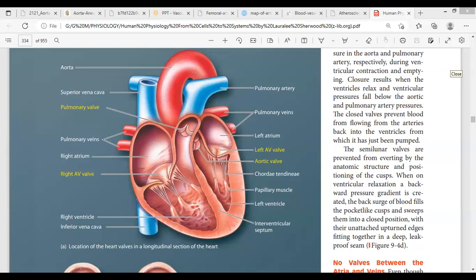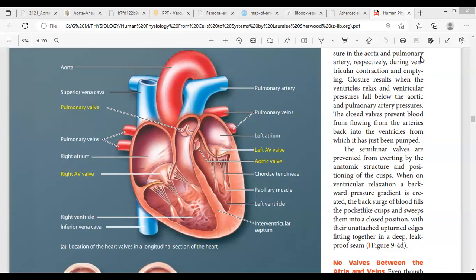So deoxygenated blood from the right ventricle will go out to the lungs through the pulmonary artery, the one in blue. So that's the right side of the heart. Then on the other side of the heart, oxygenated blood will be received through the aorta, the very big one, you can see it up there.